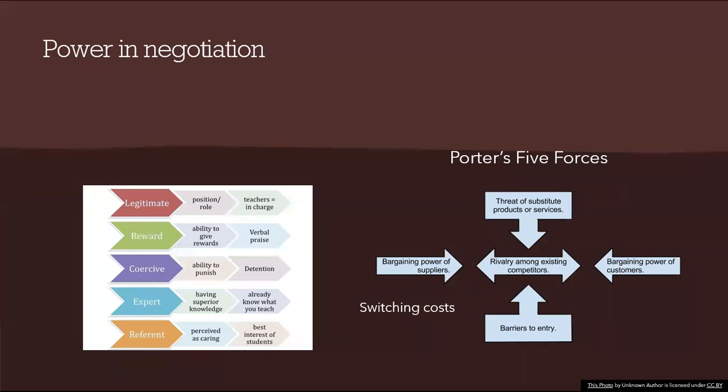So in negotiations, there are two types of power: first, personal power, and second, organizational power.